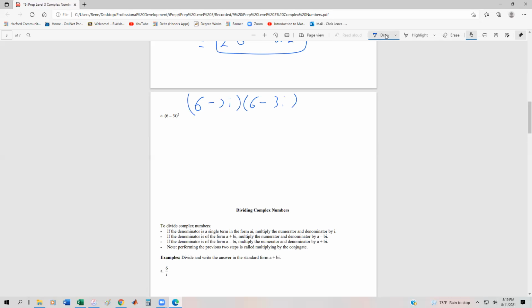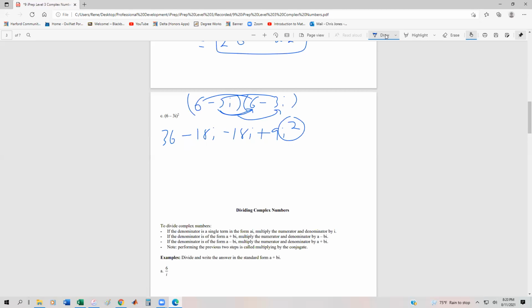And then we can go ahead and do our first, our outer, our inner, and our last. So 6 times 6, 36. 6 times negative 3i, negative 18i. Negative 3i times 6 is another negative 18i. And then finally, negative 3i times negative 3i becomes a positive 9i squared.